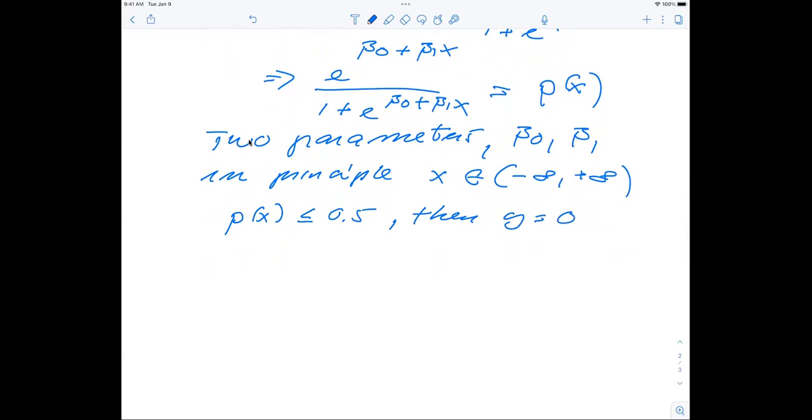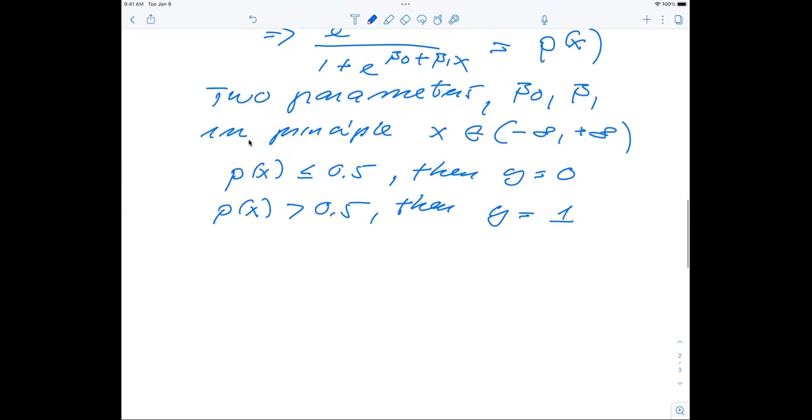But now we're going to specialize to putting y equal to 0. So you can always make a mapping, so you go from 0 and 1 to -1 and +1. This is up to you and how the data have been labeled in your input files. And then if p of x is larger than 0.5, then y is equal to 1. So this is a pretty common case.